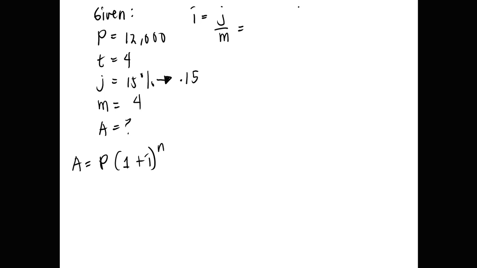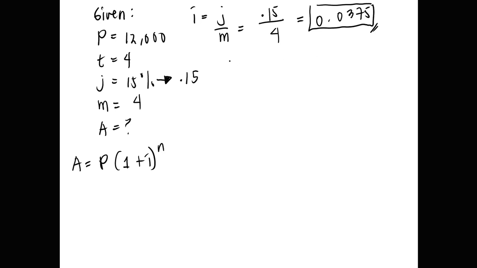Okay. So, J natin, that is 0.15, divide by M natin is 4. And then 0.15 divide by 4, that is 0.0375. So, that will be our I, or the periodic interest rate.